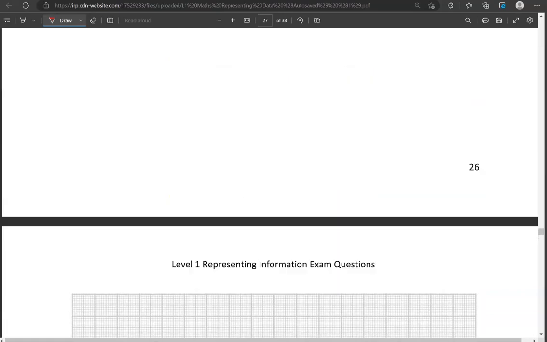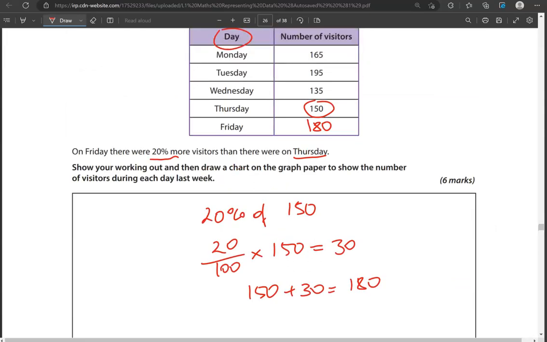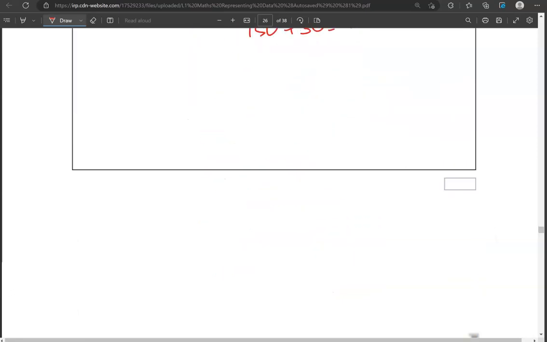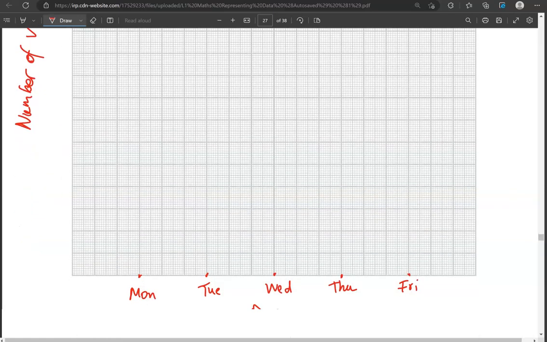And then vertically, we'll show number of visitors, and the highest is 195. So from 0 to about 200.